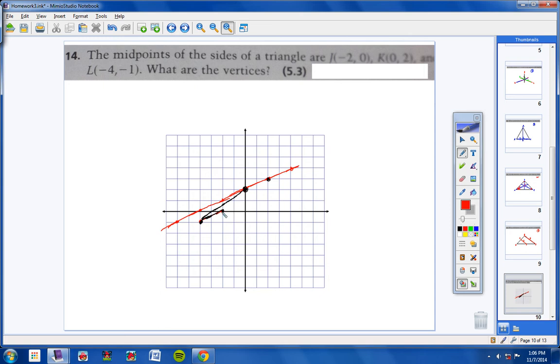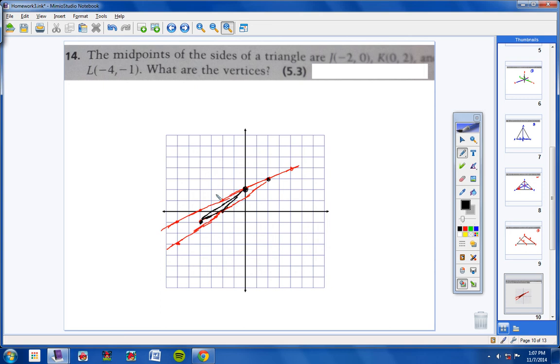We'll go from here to this point and continue on this way also. I went down 3 over 4, so down 3 over 4 right here. Now my last mid-segment I'm going to draw is this one here.